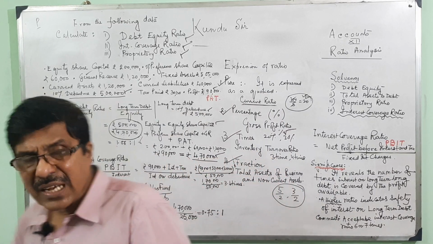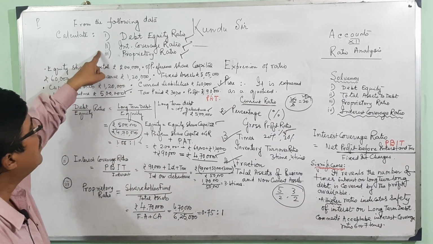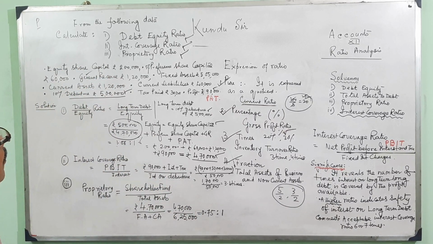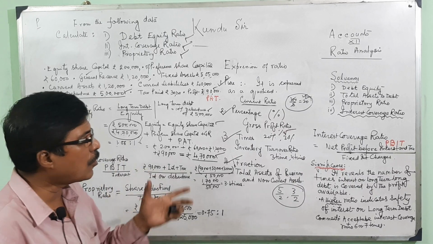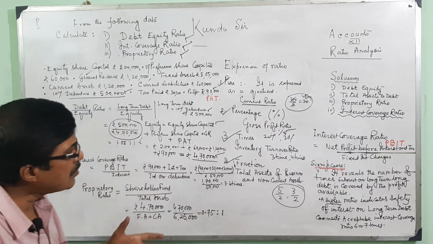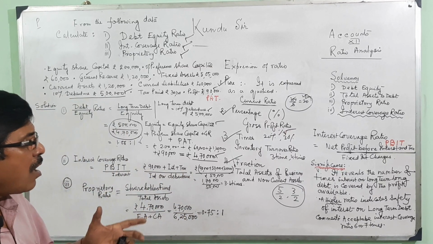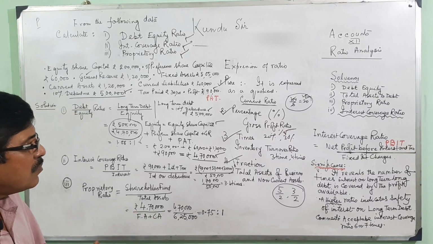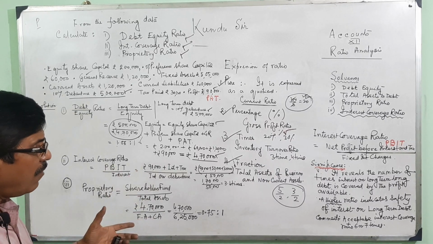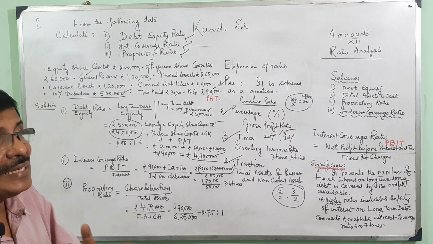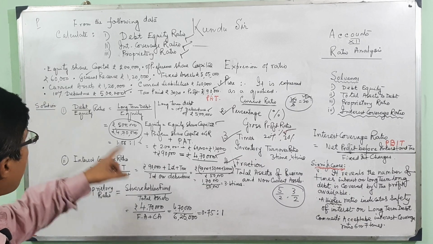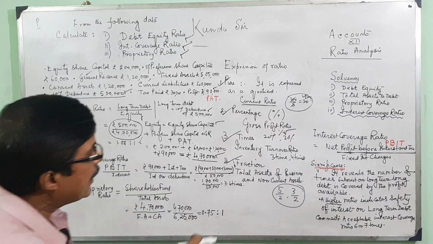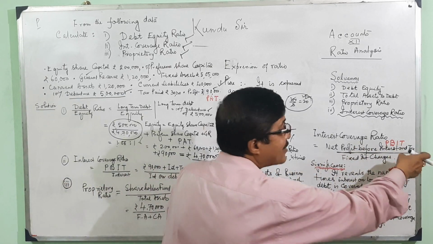Now the second ratio is the interest coverage ratio. What is the capacity of this organization or the company? That means how many times is profit available to pay the interest on long term loan. So interest coverage ratio equals net profit before interest and tax.